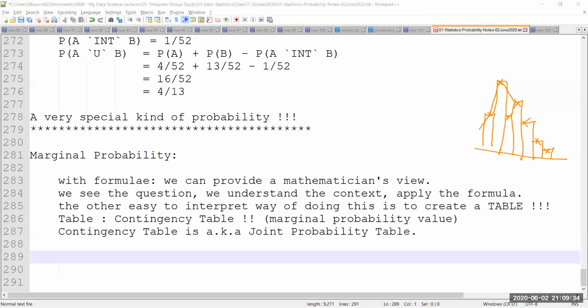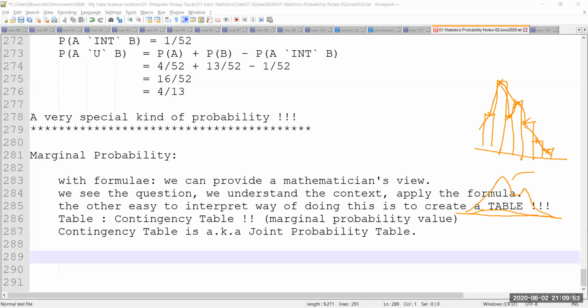If I draw this diagram now, it looks something like this. Not really an exact representation, but with the corners smoothened out, it will look something like this.